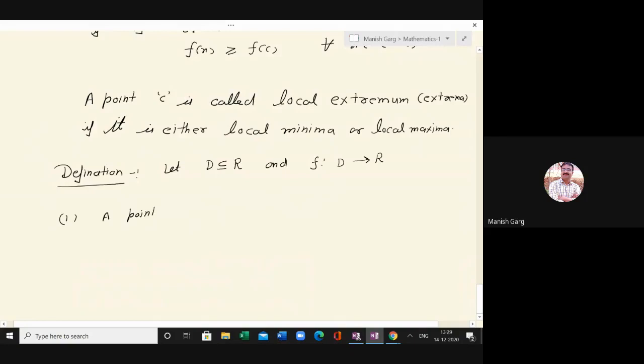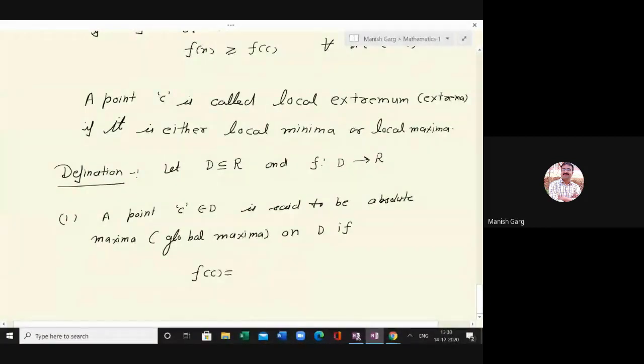A point c, an element of D, is said to be an absolute maxima, in some books it is written as global maxima, on D if f(c) is equal to, if it is finite we write supremum, otherwise maximum, of f(x) such that x is an element of D.